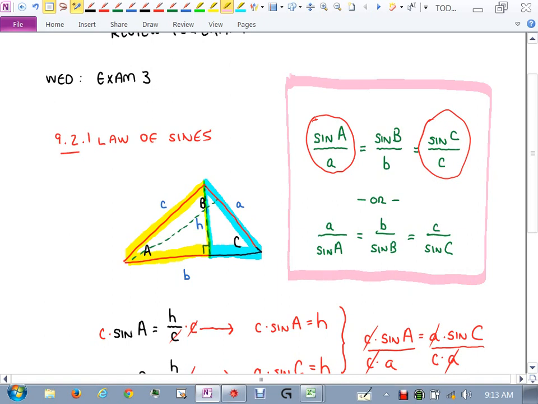So what I'd like to do is use one of these equations that has little a on the top, because that's what I'm solving for. Here, little a is on the bottom. I don't want to use that because then eventually I'd have to get it out of the bottom. So why don't I use this one right here, the one that's a over sine A? And now what I can do is set that equal to either b over sine B or c over sine C.